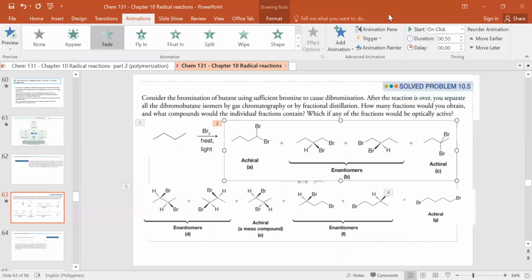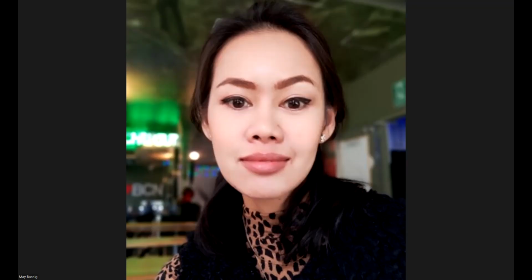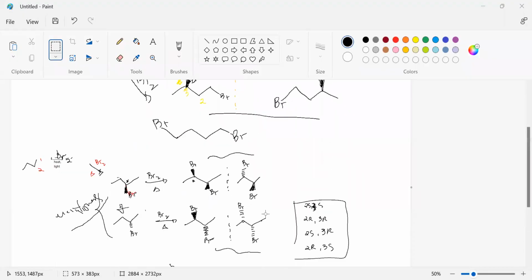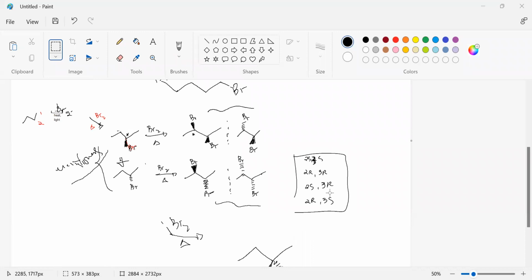So, going back. Actually, the same already. Because what we get actually is this, 2, 3. We actually get a meso compound. So either way, it's this. It's just drawn differently, because you actually get a meso compound here.